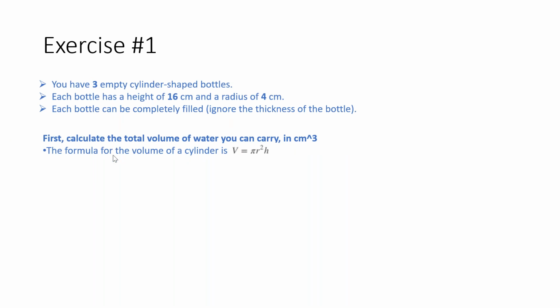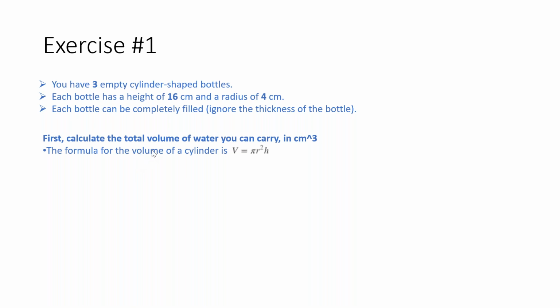You have 3 empty cylinder shaped bottles. The number of bottles is 3. Each bottle has a height of 16 centimeters and a radius of 4 centimeters. Each bottle can be completely filled. Don't bother about the thickness of the bottle.